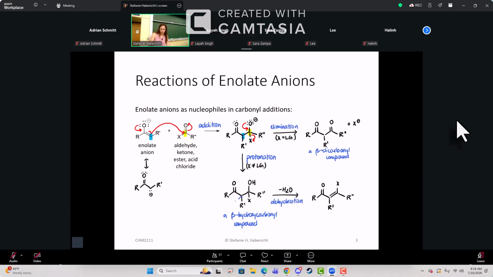So we're taking this alpha hydrogen and that hydroxyl group. Dehydration between the alpha and beta positions of the carbonyl group gives this alpha beta unsaturated carbonyl compound in this reaction.